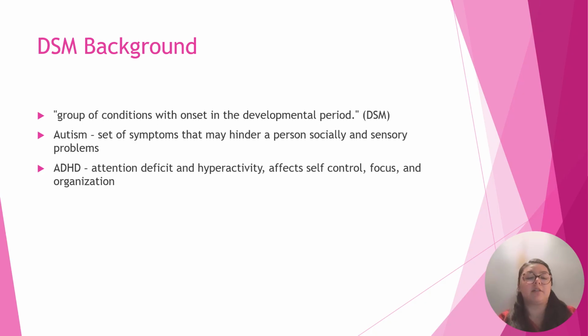Autism is generally a set of symptoms that may hinder a person's social and sensory functioning. ADHD, written out here, attention deficit hyperactivity disorder, affects self-control, focus, and organization. These are just very basics of what we're going to get into.